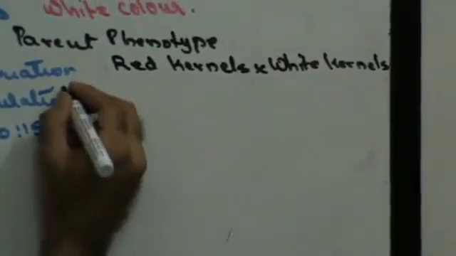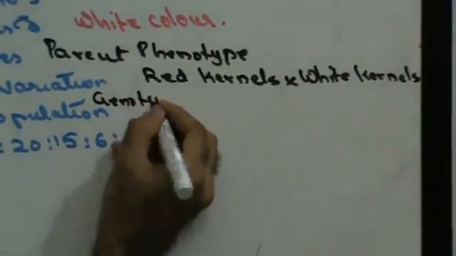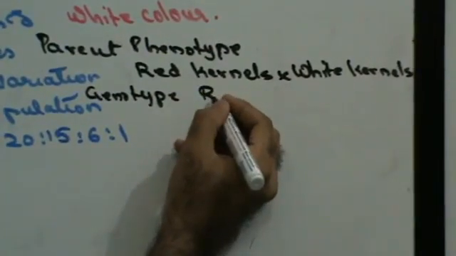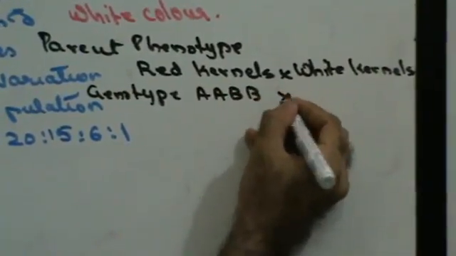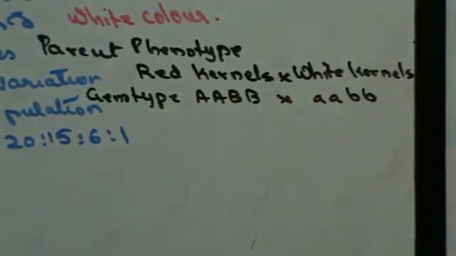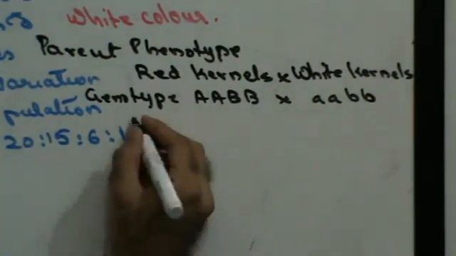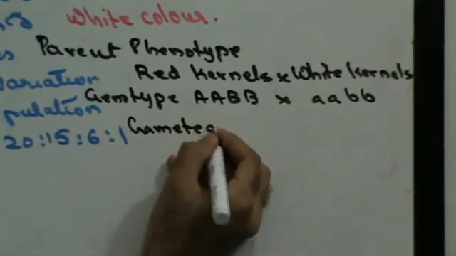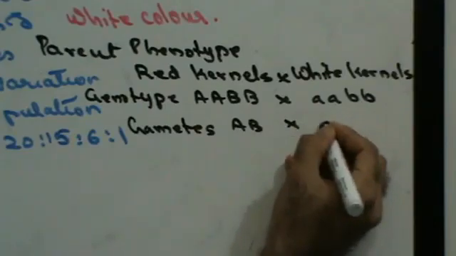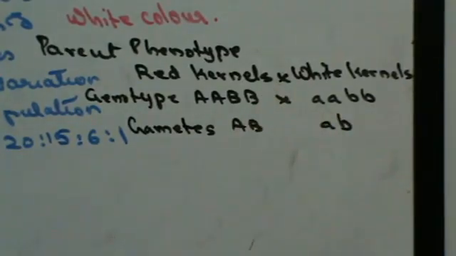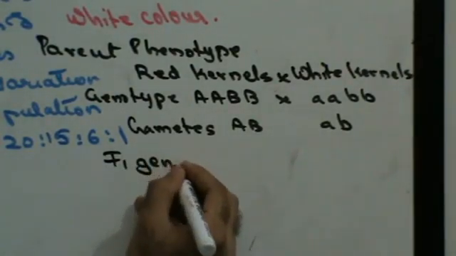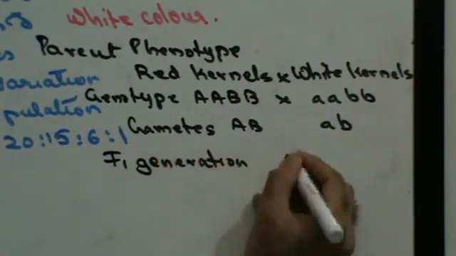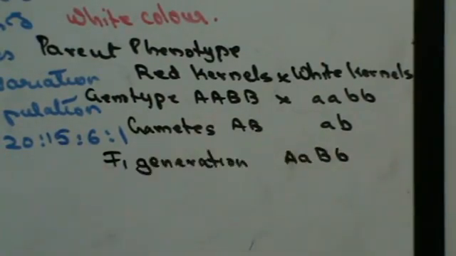The genotype will be AABB, and white would be aabb. Here the gametes will be AB and here ab. So in that case my F1 generation hybrid will be AaBb.